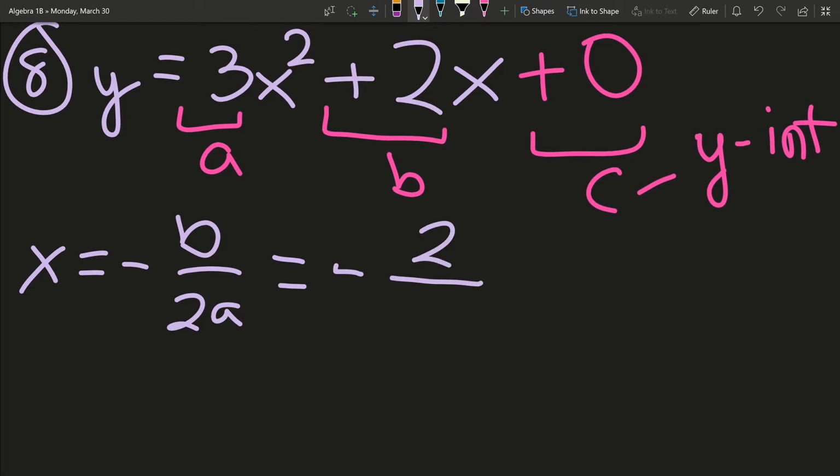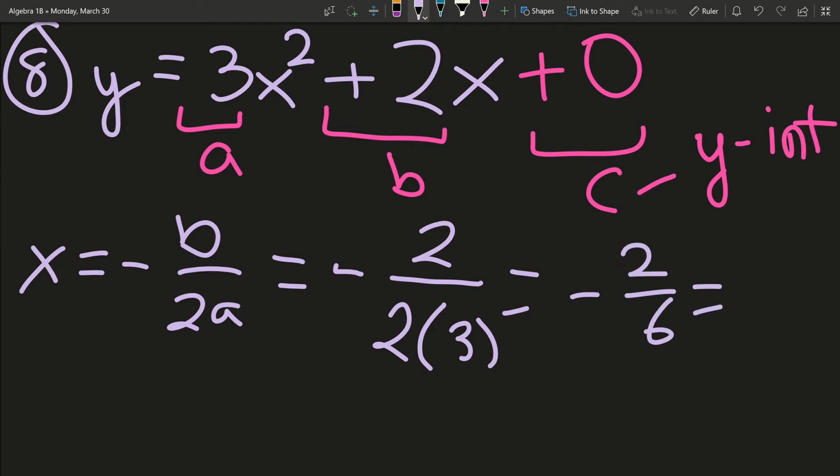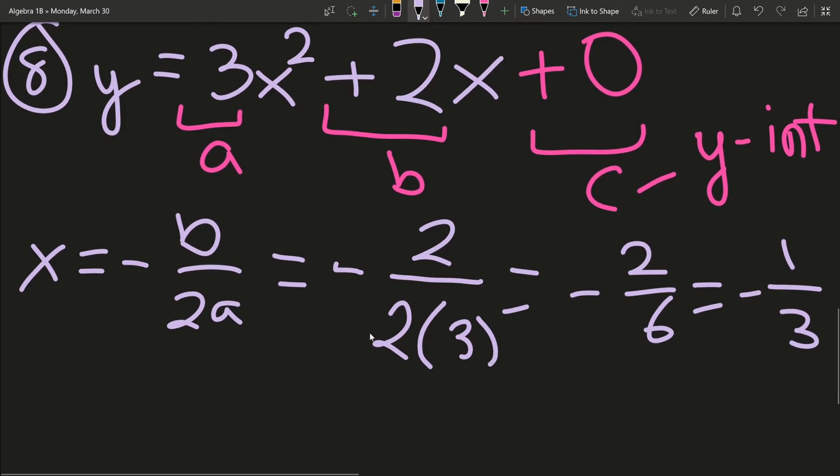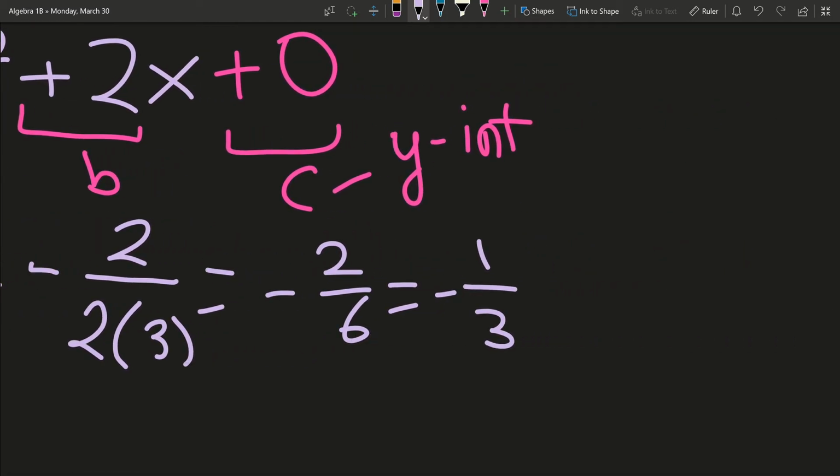Our b was 2, and let's bring that 2 down. Our a is going to be 3. When we simplify this, we're left with -2 over 6, which is equal to -1 over 3. Remember, this is our axis of symmetry.